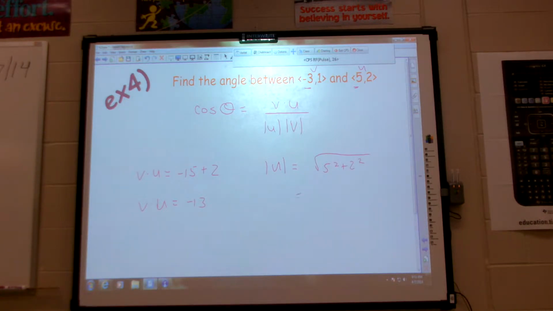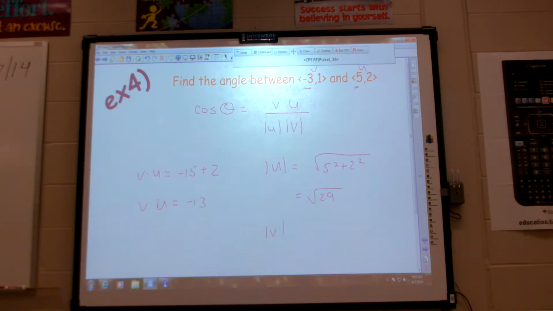What will that give me? 29. Now we know that doesn't simplify. However, if it does, don't do it. Because I'm going to use it later to find my theta, and my theta is going to be decimals anyway, correct? So I'm not going to simplify it because that's not my final answer. Okay? I'm going to use it later.